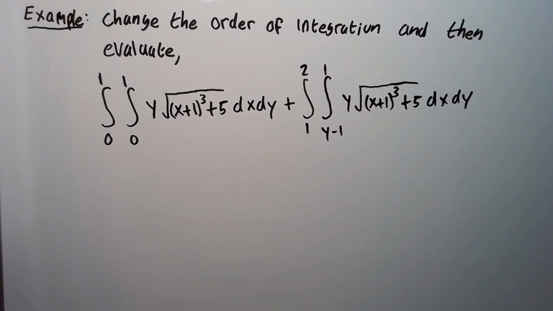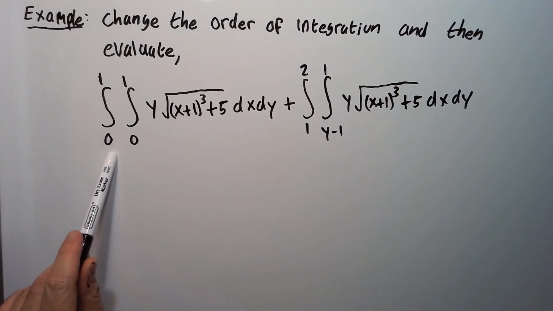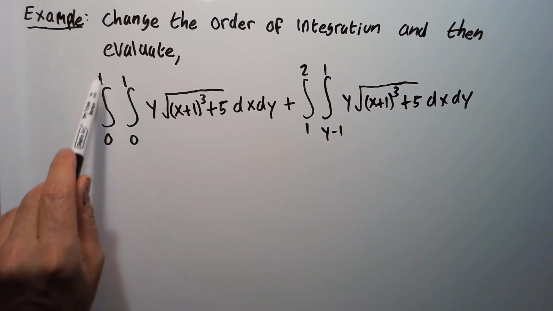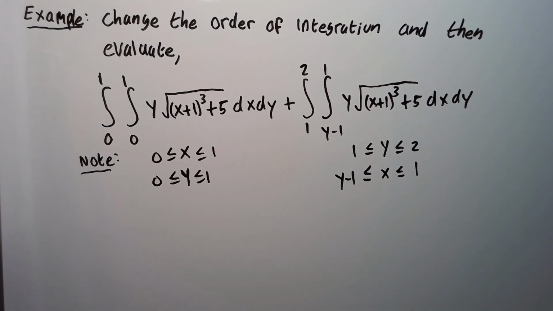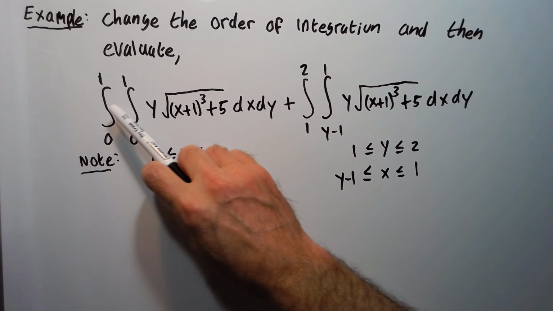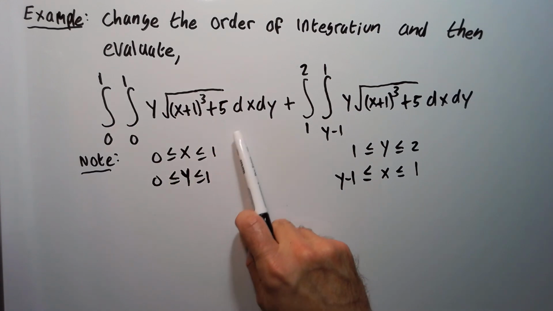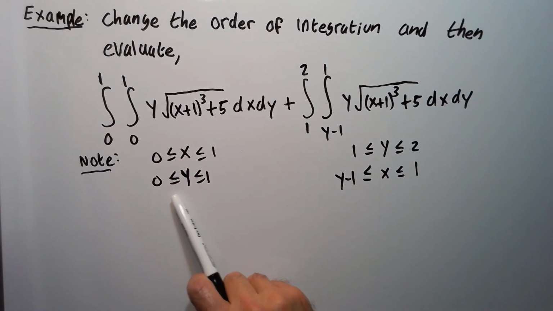So we're going to graph the region that corresponds to the first one and second one. Okay, so let me make some observations. So note, in the first double integral we have x goes from 0 to 1, y goes from 0 to 1.